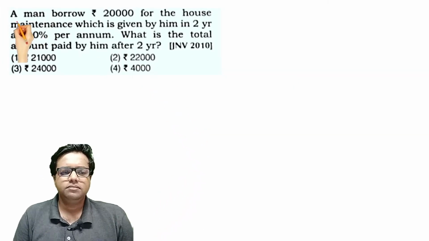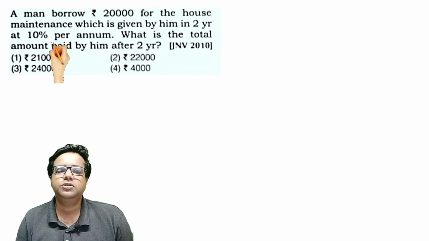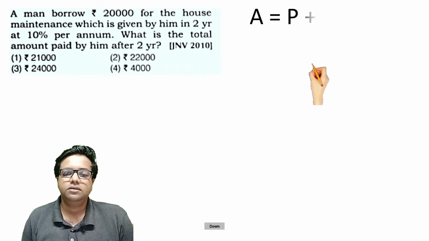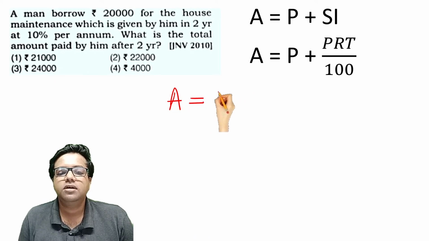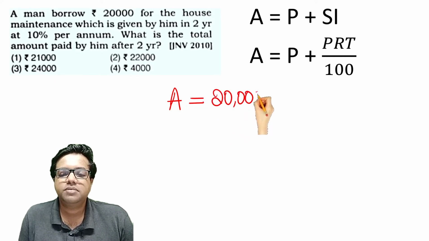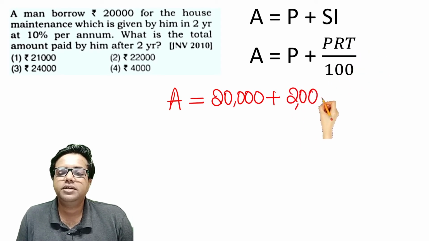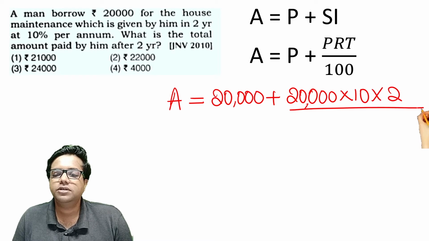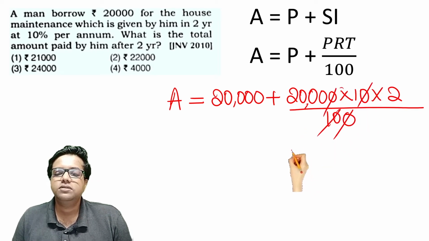Let's move ahead. A man borrowed 20,000 for house maintenance, which is to be repaid by him in 2 years at 10% per annum. What is the total amount paid by him after 2 years? Okay, so we need to find the amount and we know the formula for amount. Principal is 20,000 plus simple interest, which will be principal 20,000 into rate of interest 10% per annum into time duration 2 years divided by 100. 10 and 10 go away.